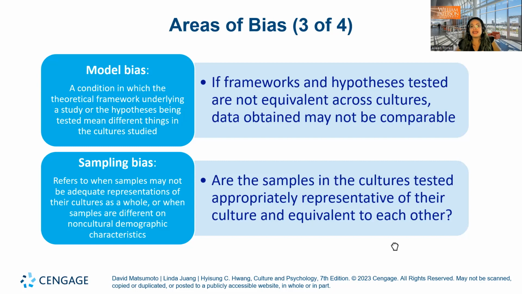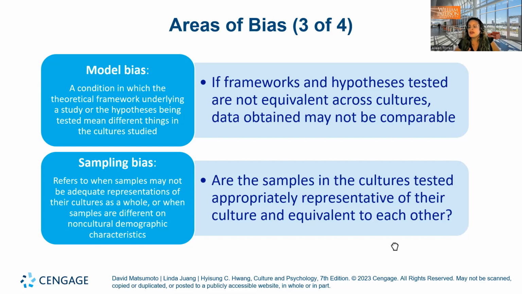A sampling bias is when there's something wrong with your sample, right? So the samples may not be great representations that are generalizable as a whole. Maybe you have too much of a specific demographic within that culture that biases or skews your data. So you want to make sure that the folks that you're testing have as much generalizability for the culture that you're testing.